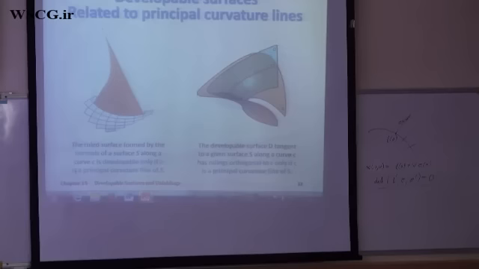If you have a saddle shape, then for one principal direction, this surface will be on one side, and for the other principal direction, it will be on the other side. So it will be on two opposing sides.